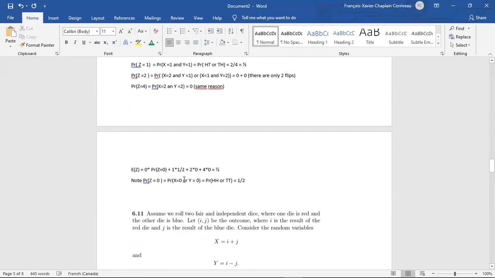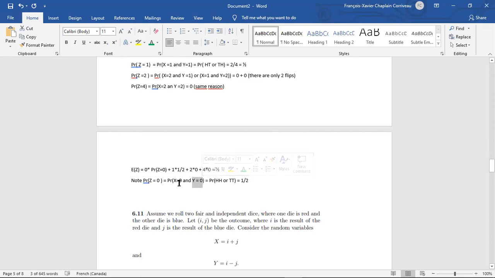But here, the reality is that if I want to write, these are two different cases, right? It doesn't matter what the value of y is if x is equal to 0. The product will be 0. So if I write the and here, well, that's not possible. So that would be 0, right? If x is equal to 0 and y is equal to 0, that would be 0.